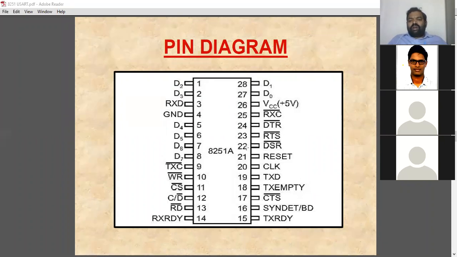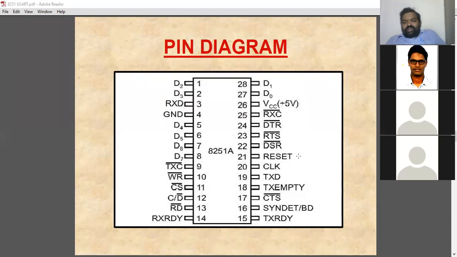Another one is the data set ready signal. First, the data terminal ready signal is an output signal from the 8251. Whenever the 8251 is ready to transmit or ready to receive, it will raise the data terminal ready signal.